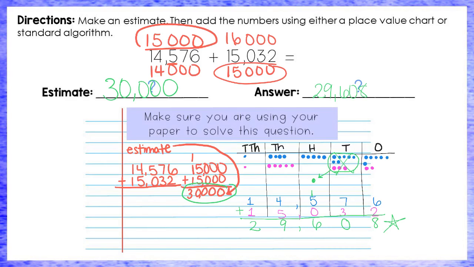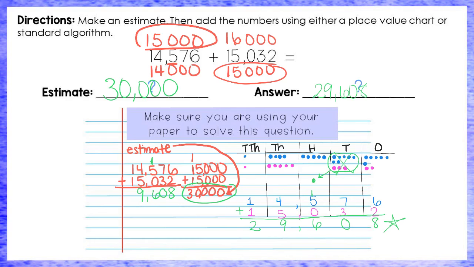So I'm going to quickly model that. In the ones place, we start 6 ones plus 2 ones is 8 ones. 7 tens plus 3 tens is 10 tens, also known as 100. So we put a 1 in the hundreds place. 100 plus 500 is 600. 4 thousands plus 5 thousands is 9,000.